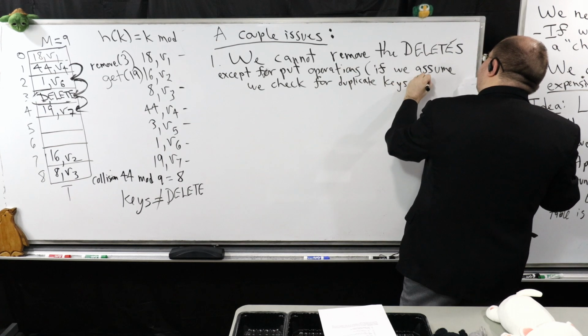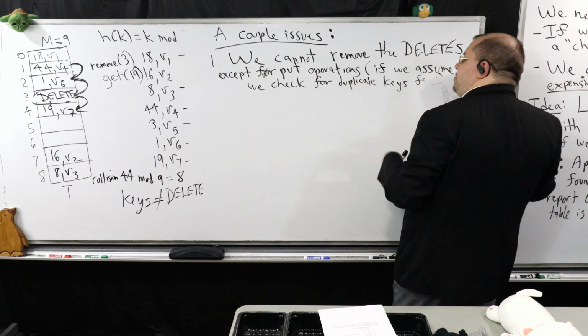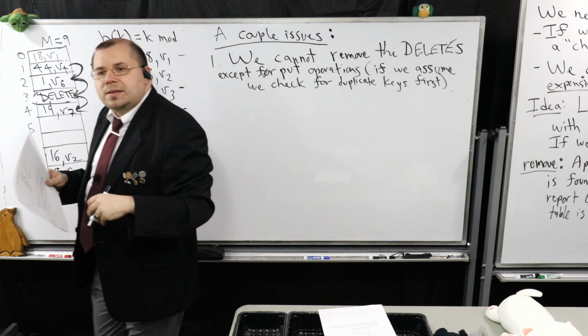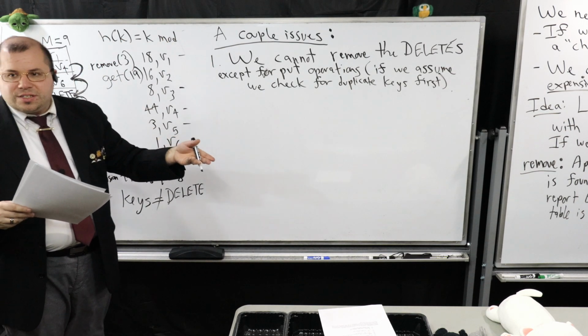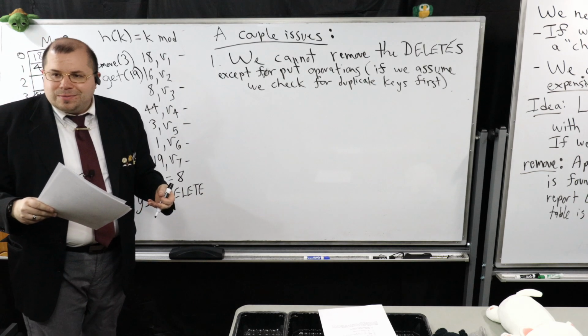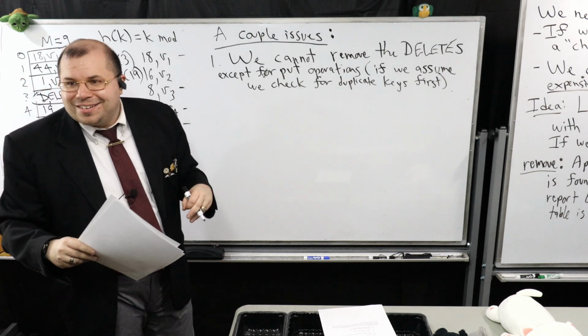So that's one way you can remedy this. Our put algorithm does not do this though, just to be very clear. But you can easily modify it so that you use, for example, get first and see if it's already in there. And then you can try the process.